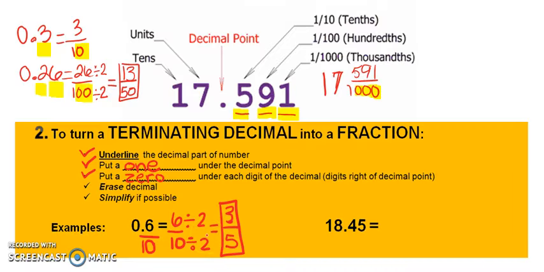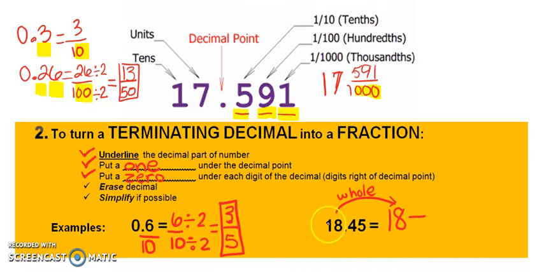Now let's check on 18.45 and see if we can change it to a mixed number in this case, because there are 18 wholes. Let's go ahead and write 18 in front of our fraction, because if there are whole numbers in front of the decimal point, there's going to be whole numbers in front of the fraction. Let's follow the same procedures we just did. Underline the decimal part of your number.